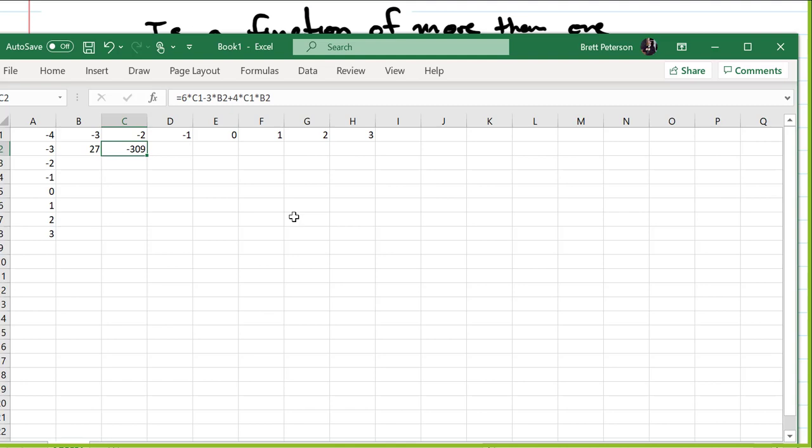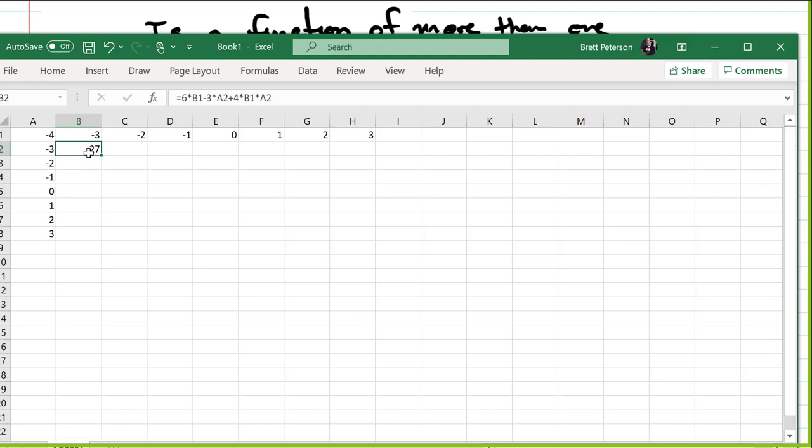So the C1 is correct for my location, but what did I actually want it to use? I didn't want it to use B2. What was the input that I wanted it to use? I wanted it to use the input right there at negative 3, right? So there's a way that we can ask Excel nicely to do that.